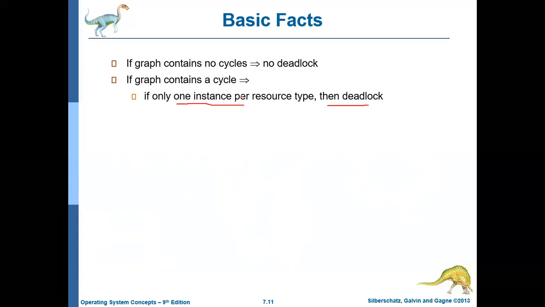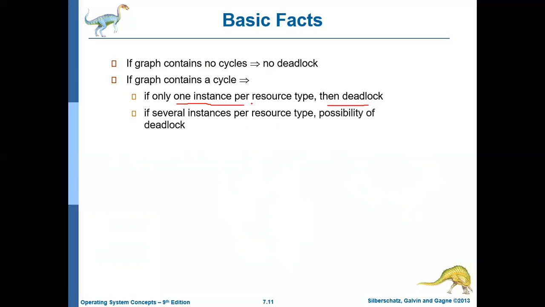I think it's clear. If there is a cycle, then you have to check what resources are involved in the cycle, and if all the resources have only one instance, meaning they do not have more than one instance, in that case you can confirm that there is a deadlock.